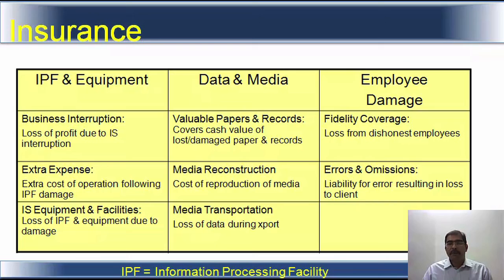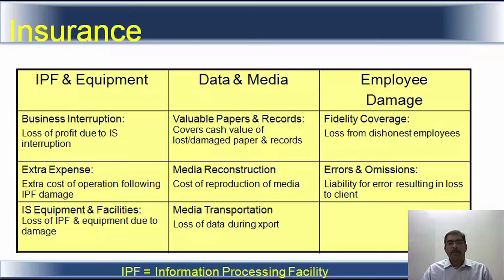I'm not so sure whether it has been implemented in India itself, because you need to arrive at the value of data before you can quantify that this is my value of the data. So if you look at this, IPF and equipment, business interruption, loss of profit due to information systems interruption. Extra expense, extra cost of operations following information processing facility damage.